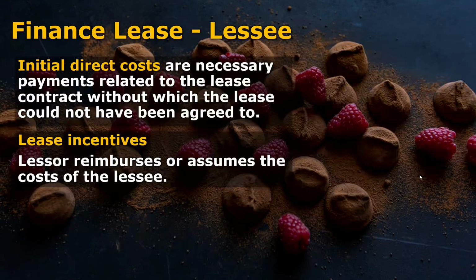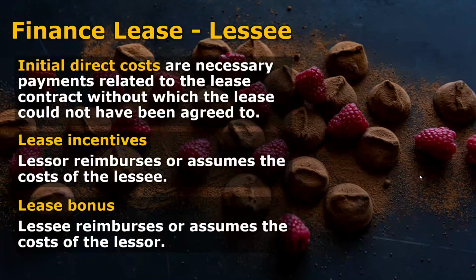Or one more thing, if there is an initial direct cost and the lessor paid for it, pero ni-reimburse ni lessee si lessor. So ano to? Magkabaliktad sila. Lease incentive, lessor reimburses the lessee. Lease bonus, lessee reimburses the lessor.